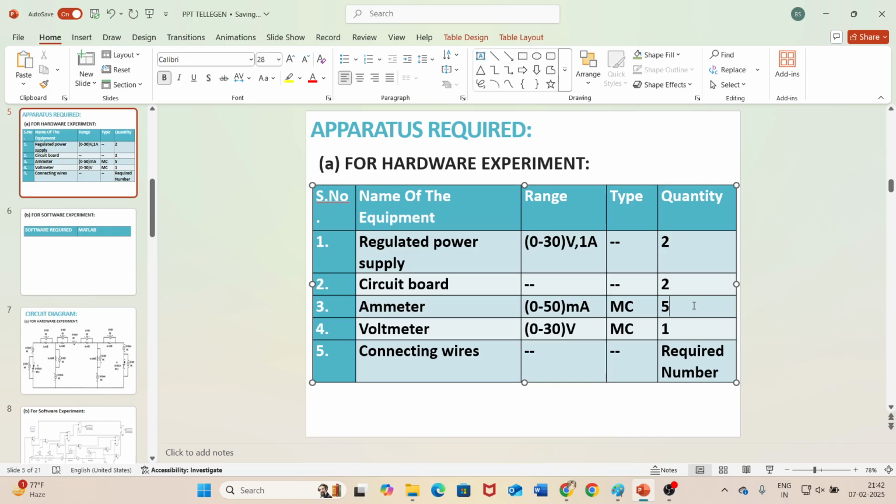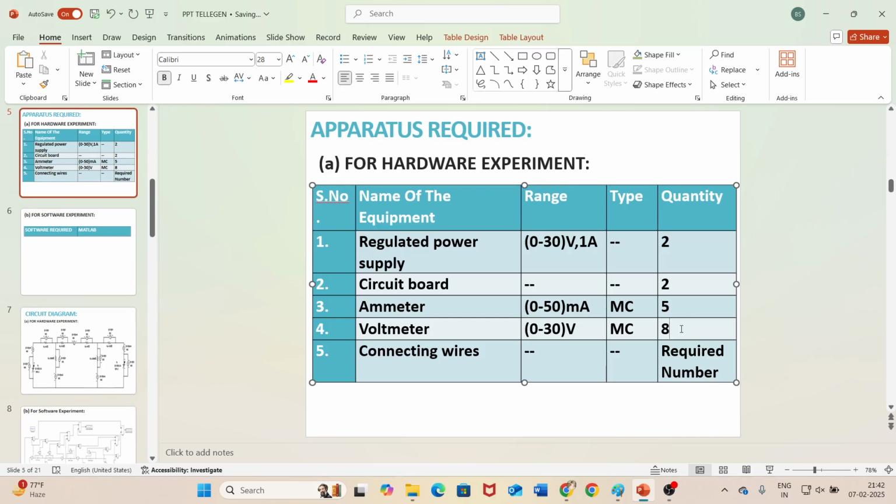So I require approximately 5 ammeters for the 2 circuits of same topology, which we connect together to verify Tellegen's theorem. The number of voltmeters that I require is approximately 8.